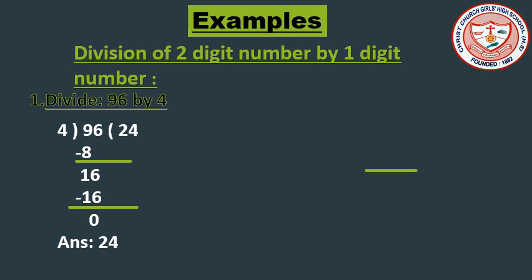First of all, we need to arrange the numbers according to the place value chart. Girls, here you can write tens and ones above the digits. So as it is a 2-digit number, 9 is placed in the tens place and 6 is placed in the ones place.